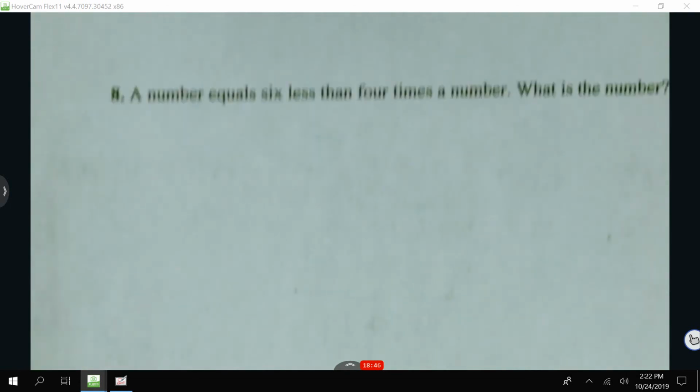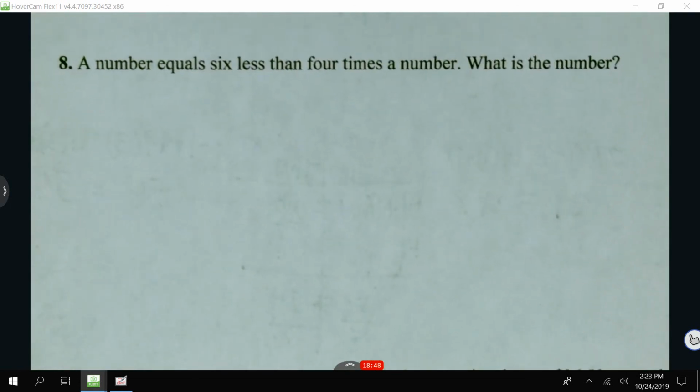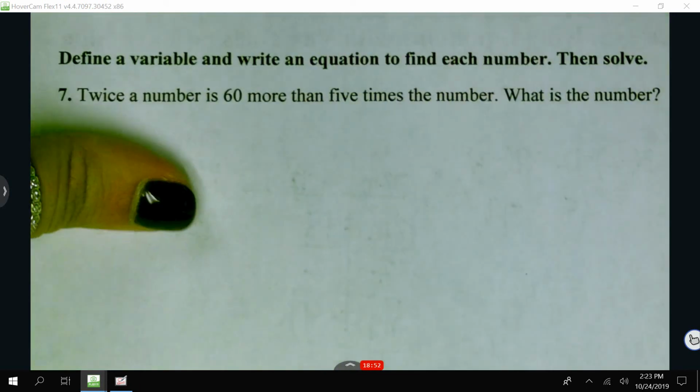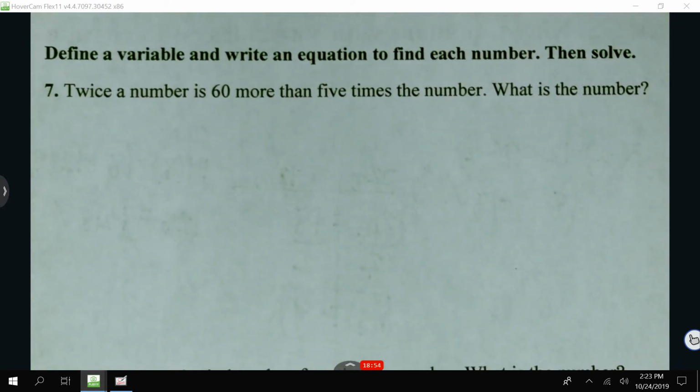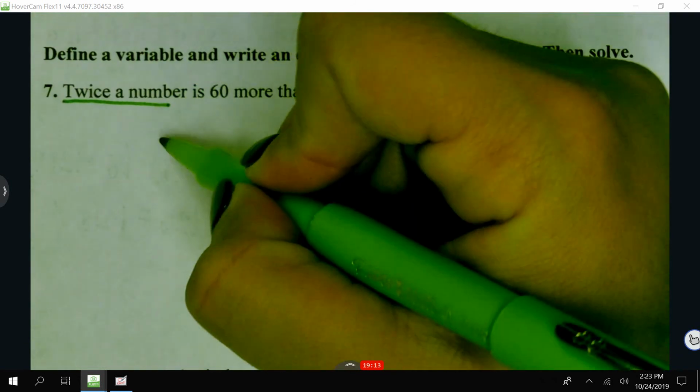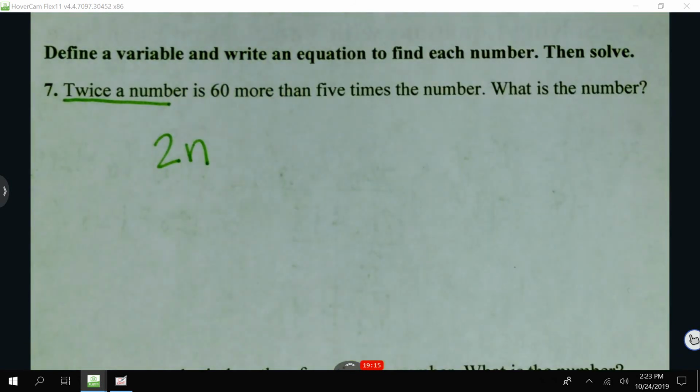Okay, we're just going to do number 7 on the back, and then we'll be done. All right, so it says define a variable and write an equation. And then it says to solve it as well. So if it says twice a number is 60 more than 5 times the number. First off, how do I write twice a number? 2 times n.